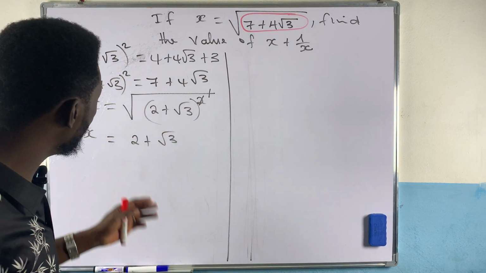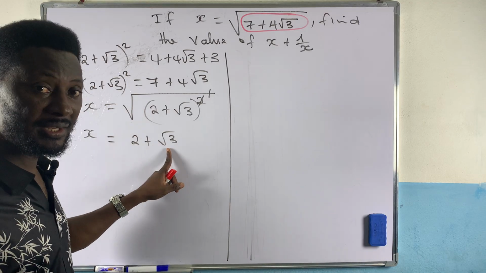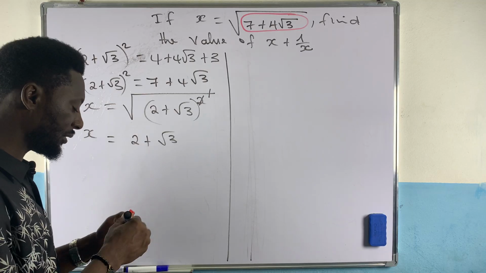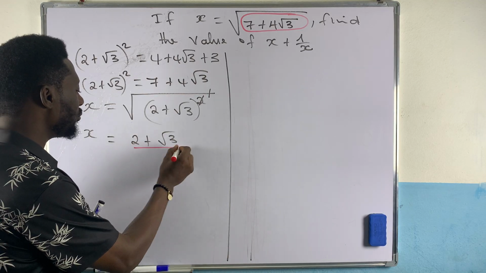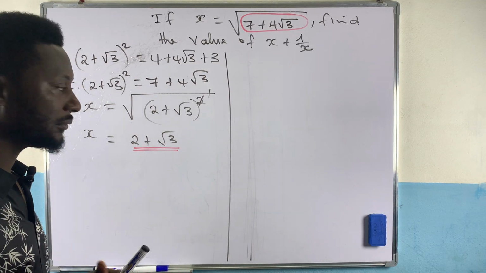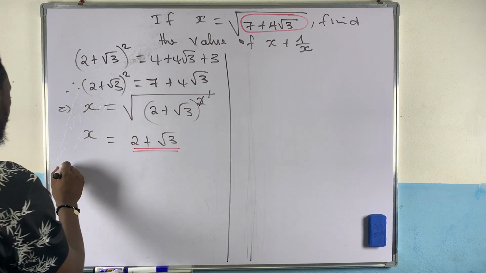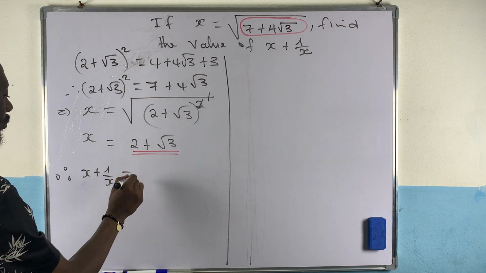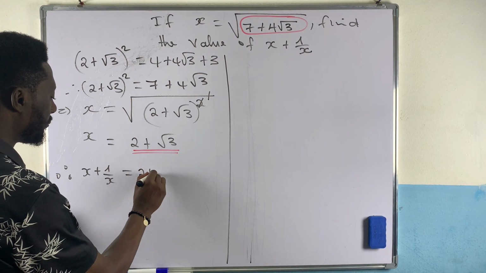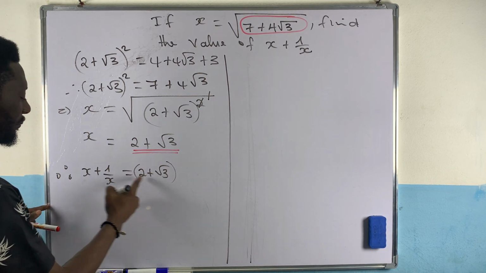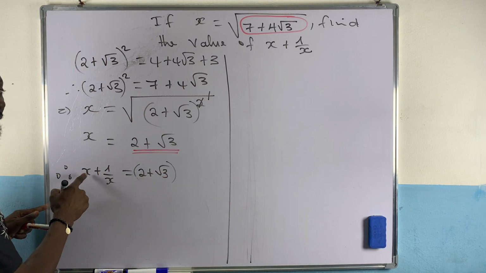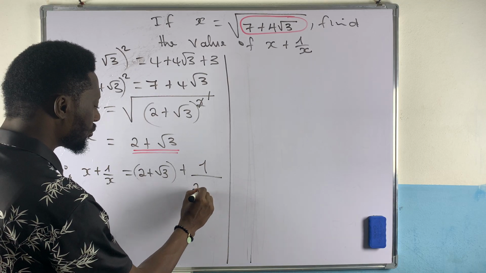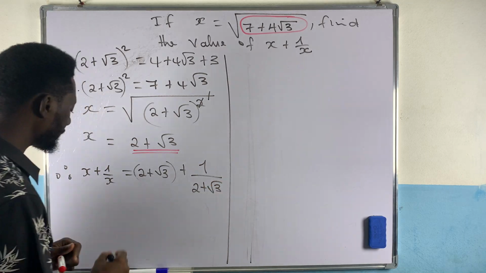And in mathematics, if we say x equals 2 plus root 3, it means wherever we see x, we can replace it with 2 plus root 3. It therefore means that x plus 1 all over x will be equal to 2 plus root 3, I'm replacing 2 plus root 3 in the place of x, plus 1 all over 2 plus root 3.